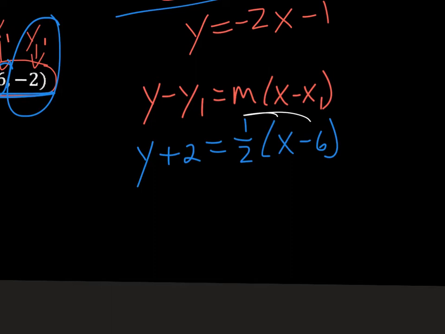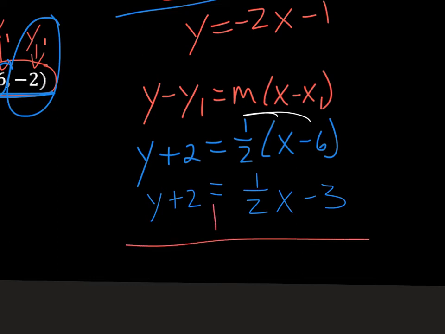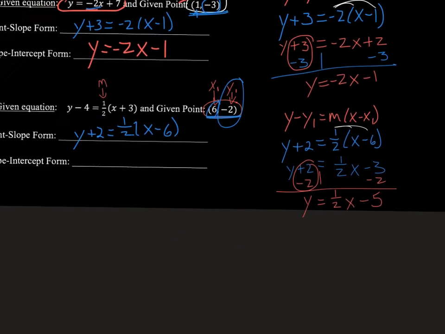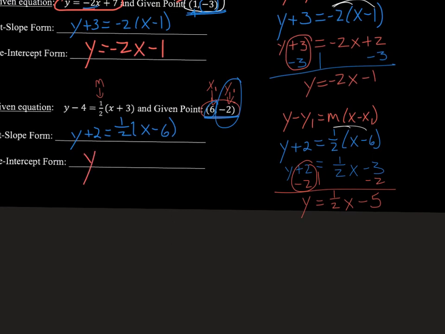Distributing the 1/2 coefficient, 1/2 times x, 1/2 times negative 6 is negative 3, y plus 2. Now I will isolate y, make my 0 pair. I have y is equal to 1/2 x minus 3 and minus 2, which is minus 5. So we have y is equal to 1/2 x minus 5.